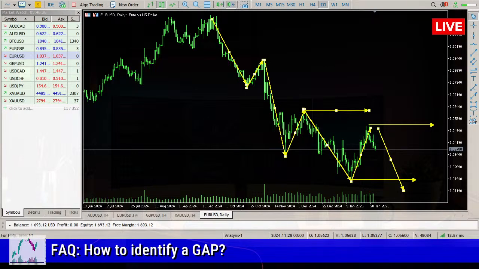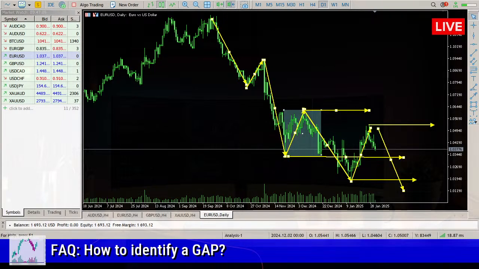From here, if we want to find a position, we look for the conversion area. A conversion area means an area where support becomes resistance, or resistance becomes support. From this chart, we got this one. Next, we find the market range.